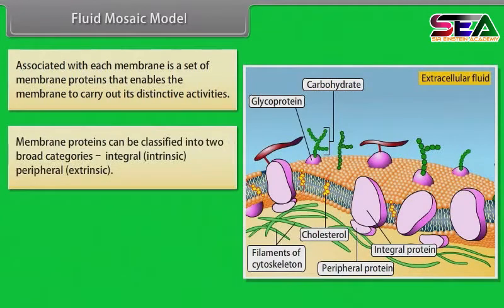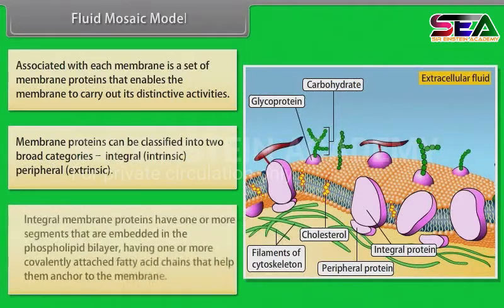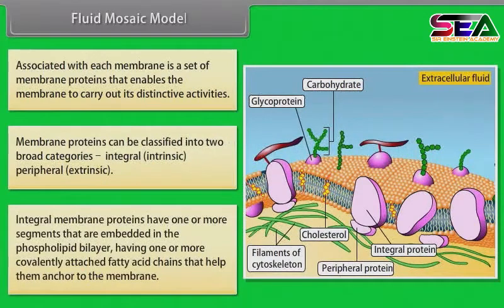Membrane proteins can be classified in two broad categories: integral, that is intrinsic, and peripheral, that is extrinsic. Integral membrane proteins have one or more segments that are embedded in the phospholipid bilayer, having one or more covalently attached fatty acid chains that help them anchor to the membrane.